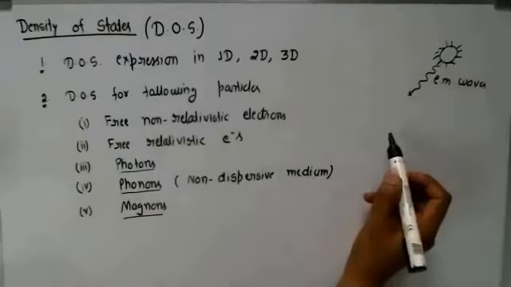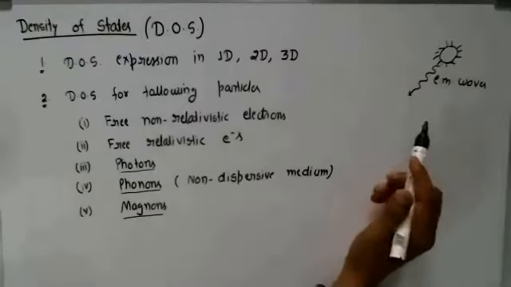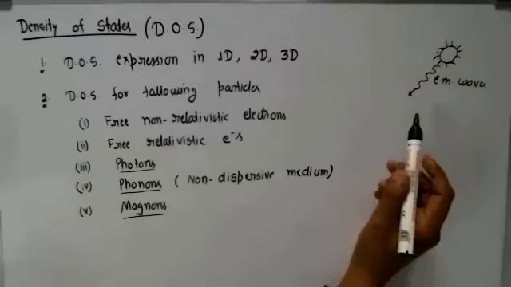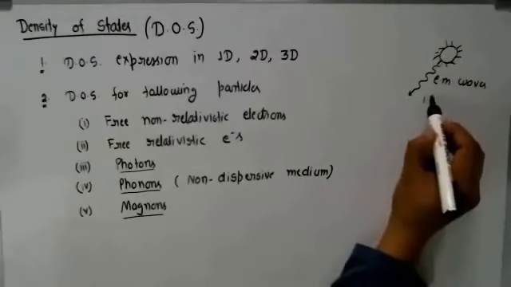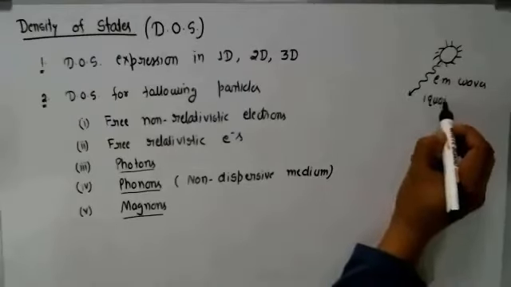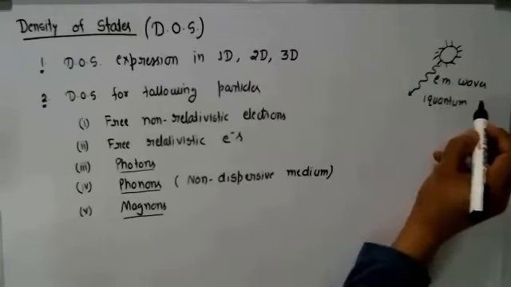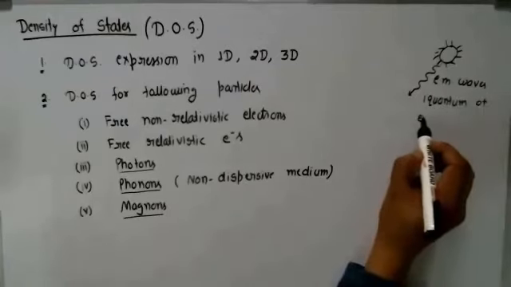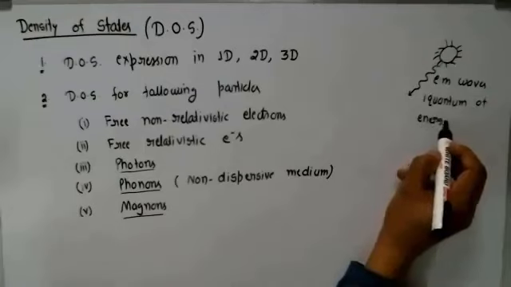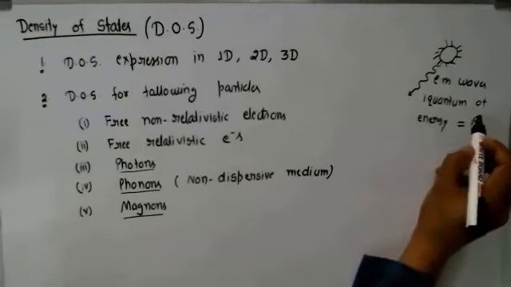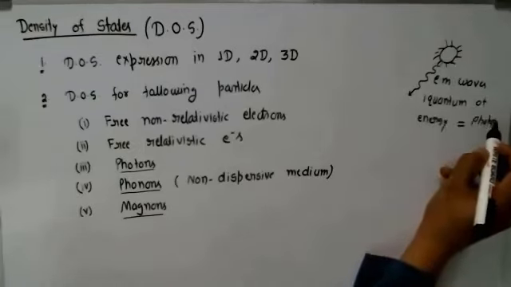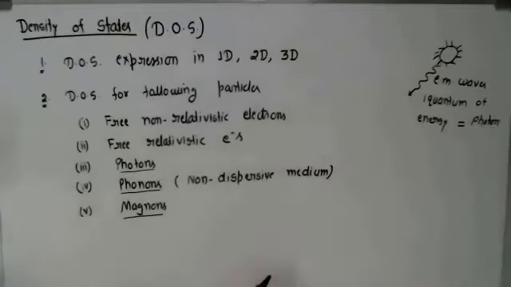But these EM waves are made of small quanta of energy. So one quantum of energy is what is known as a photon in the case of EM waves.